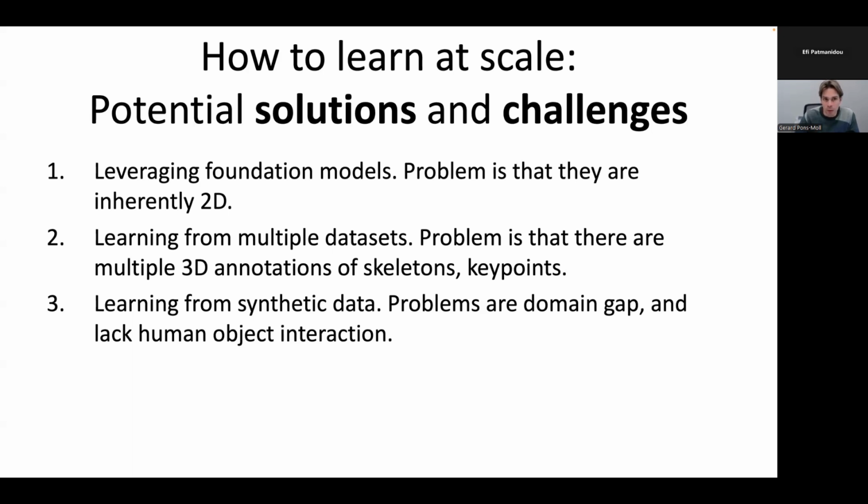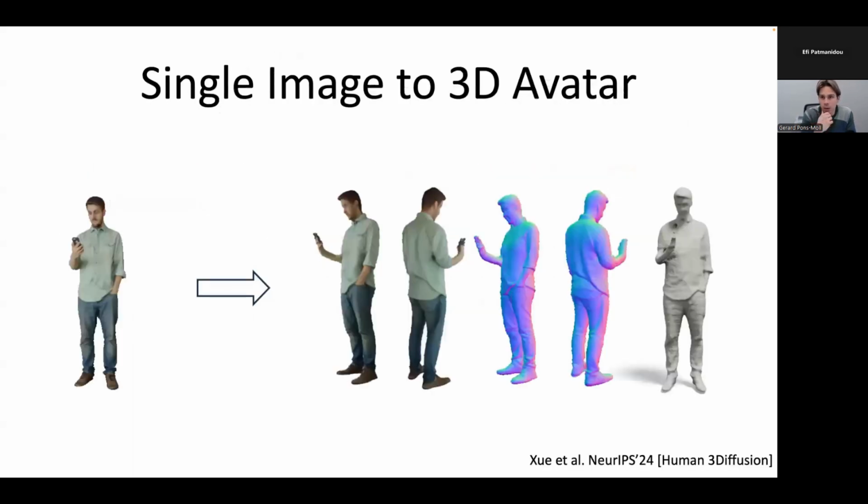So let's start with the first point, how to leverage foundation models, which are inherently 2D. The task that we are going to look at here is a classical computer vision problem that has been studied for many years, which is that of reconstructing people from a single image.